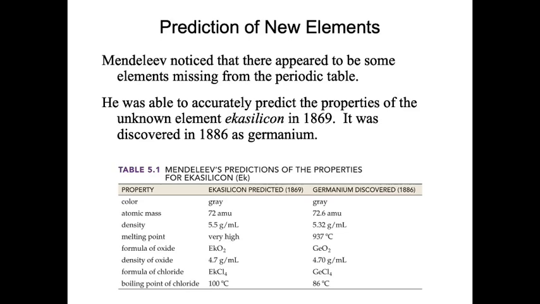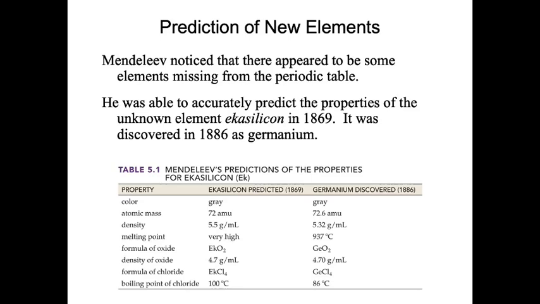When ekasilicon reacts with chlorine or with oxygen, its density, I predict to be 4.7. It comes out to be, what? Seriously? This is a 30-year gap in time that he's able to just arrange the elements and be like, yeah, that's what it's going to be. That's pretty freaking intensely cool.